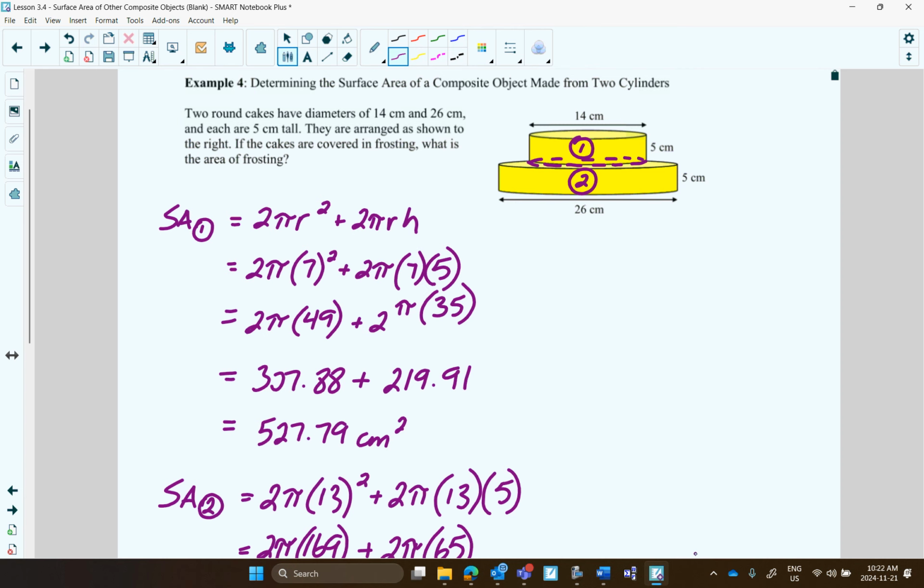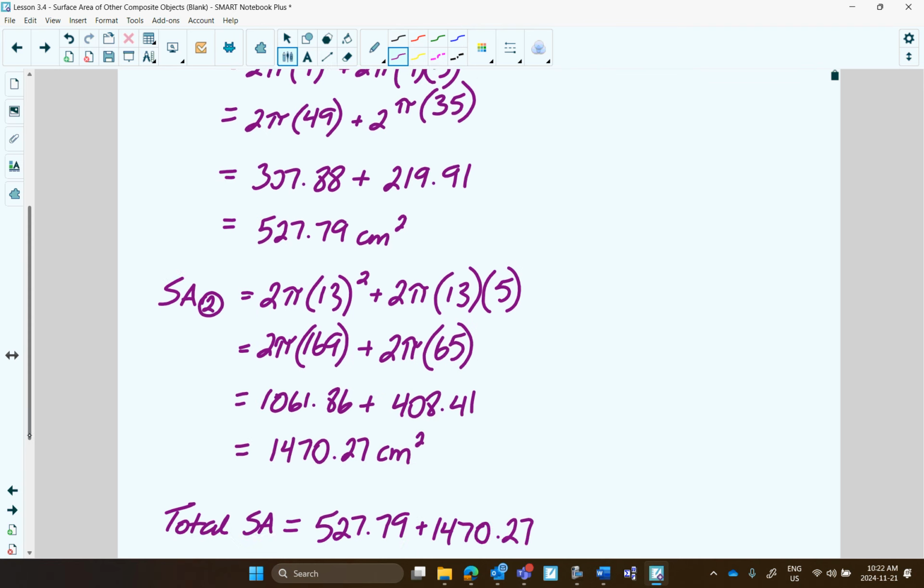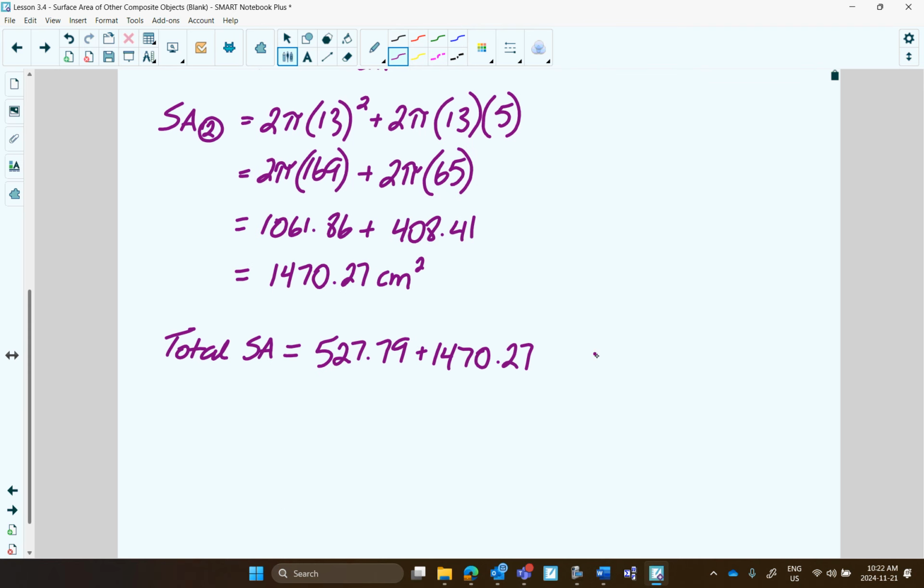How much is one of the circles? Pi r squared, which is pi times 7 squared. But 2 of them disappear, so I have to times by 2. And I'm subtracting this, so you have to be careful with that.